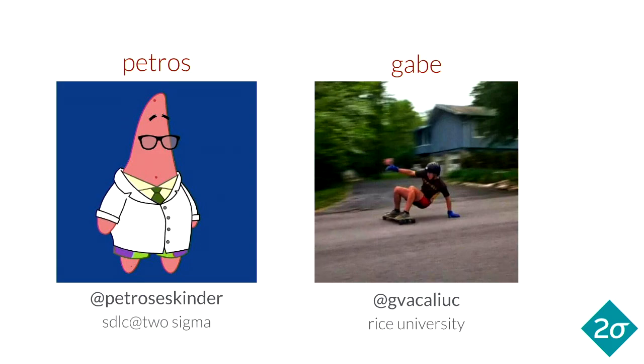I work on the SDLC artifacts team, and what we do is basically manage the build and test farm at Two Sigma and all sorts of source control and things of that nature. Gabe will join us later on, and he was our intern this summer. He worked on the actual work to optimize Bazel. He's going into his junior year, majoring in CS and stats, a smart kid.